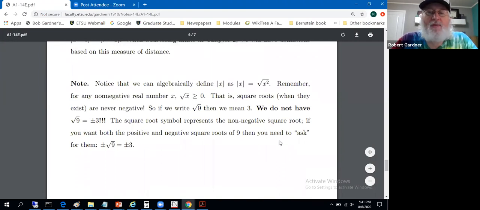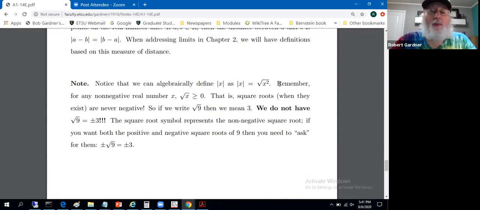Okay, we could also define the absolute value of x as the square root of x squared. Remember, for any non-negative real number x, the square root of x is non-negative. That's the meaning of the symbols. You take the square root of something, you get a non-negative result. You live under the constraint that you can only take square roots of non-negative things.